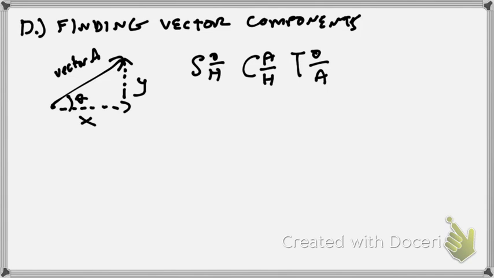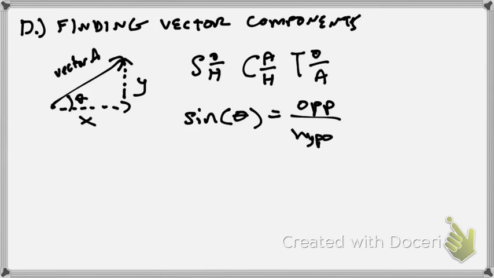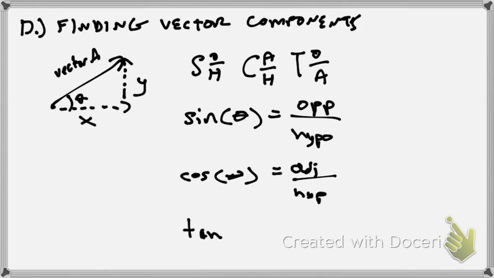So let me go ahead and write this: sine of theta is equal to opposite over hypotenuse, cosine of theta is equal to adjacent over hypotenuse, and tangent of theta is equal to opposite over adjacent.